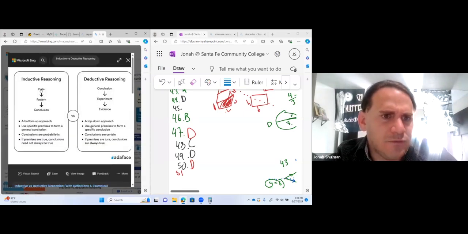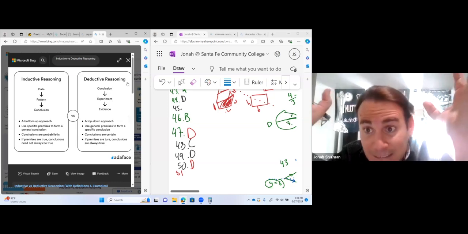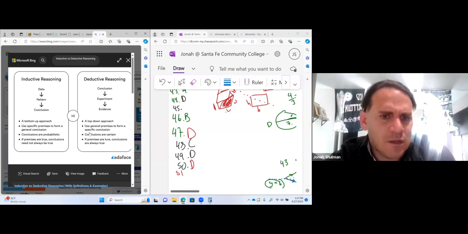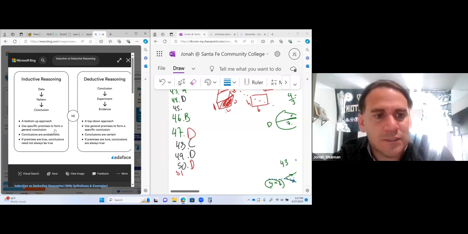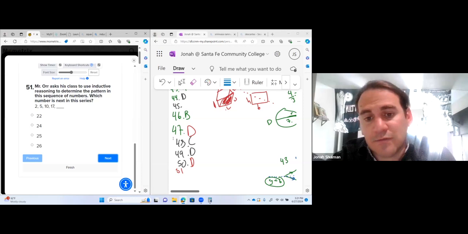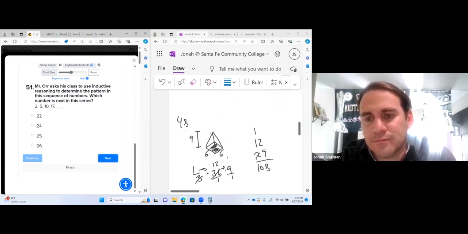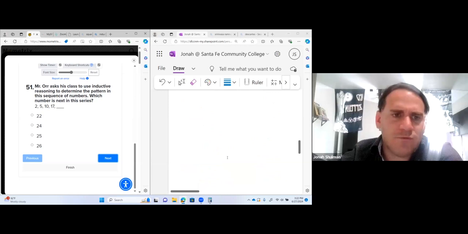Inductive, we take all the little pieces, then create a conclusion. Deductive, we have the big idea, and then break it down to figure out the little pieces of evidence. Deductive uses a general idea to get a specific conclusion, and inductive uses specific observations to create a general idea. That's the difference. So we just have to find the pattern for 51. All right, here's 51.